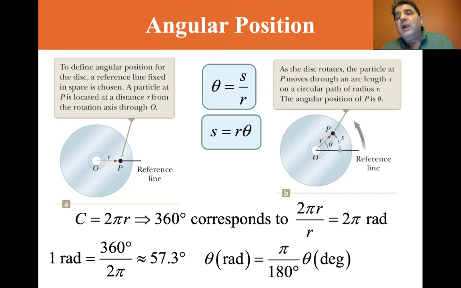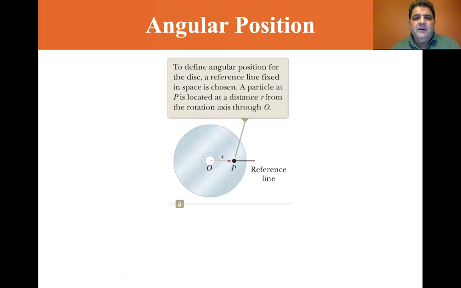By how much more? By the larger radius. So S is equal to R theta. Okay, so to define angular position for the disk, a reference line fixed in space is chosen. A particle at P is located at the distance R from the rotation axis to the origin.